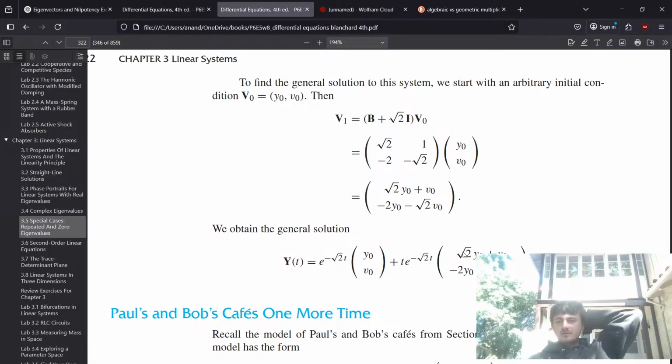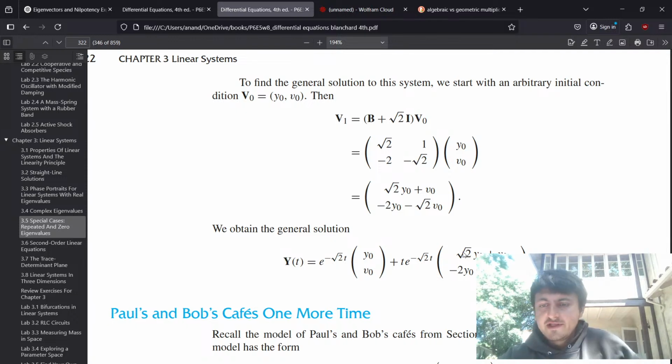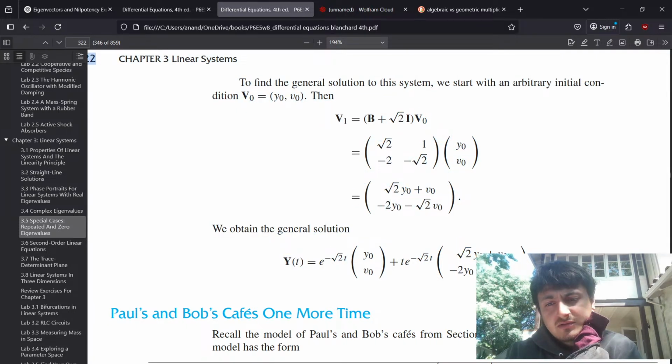But for all points, is this guaranteed to be on the eigenvector, in the span of the eigenvector?